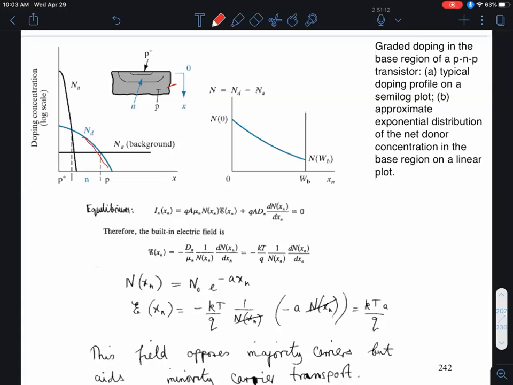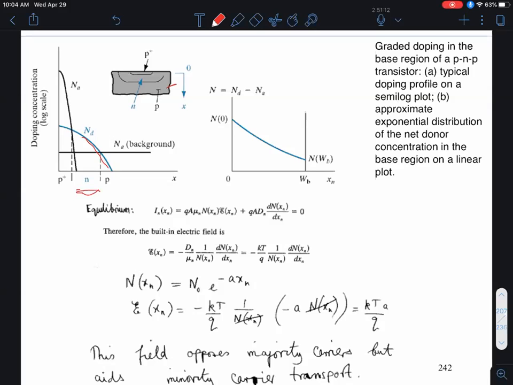Then you open up a smaller window and then you implant or diffuse the emitter dopant, the Na as shown over here, it's a higher level, okay? And then the base width is this region between the two junctions, right, as shown over here.